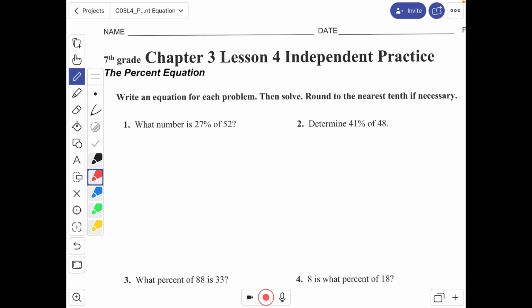Let's look at some of the examples you're supposed to do by yourself. Again, we're going to be using the equation part equals percent times the whole. Every time. So you want to start with that on every sentence, every problem. What number is 27% of 52? 27%, that's the percent.